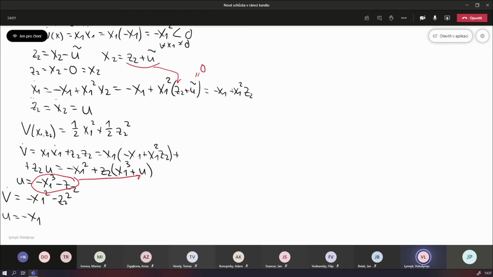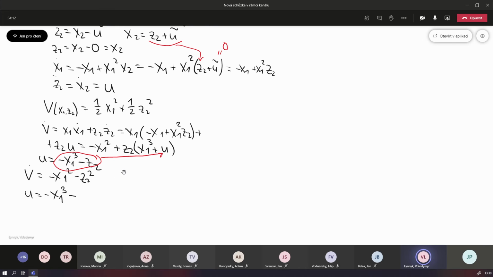Minus x1 cubed minus z2, where z2 equals x2.